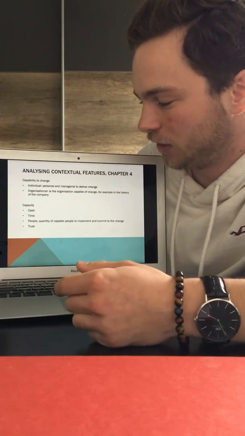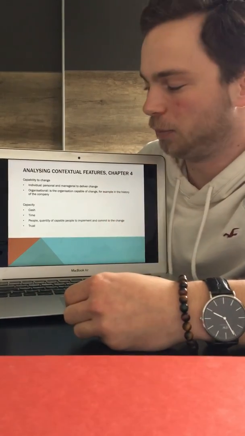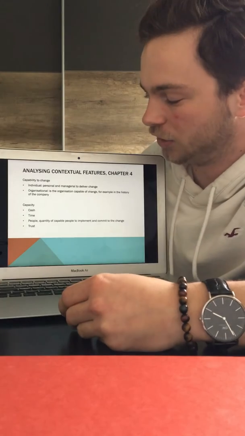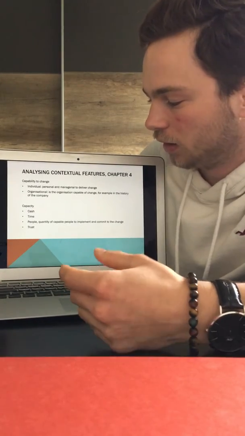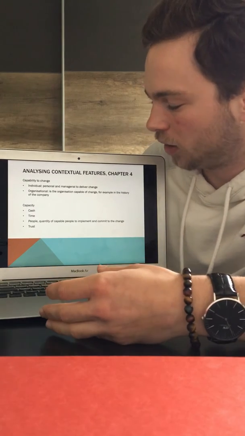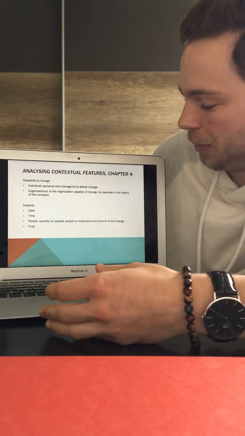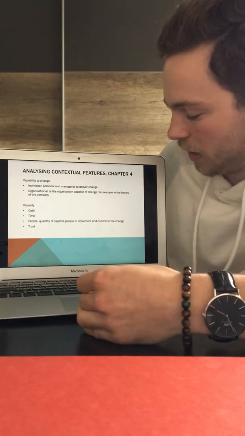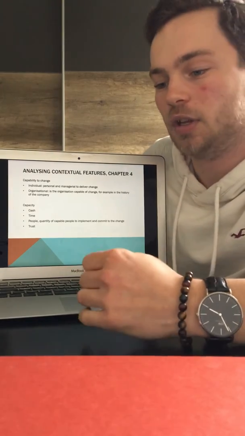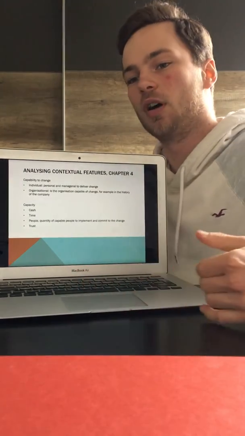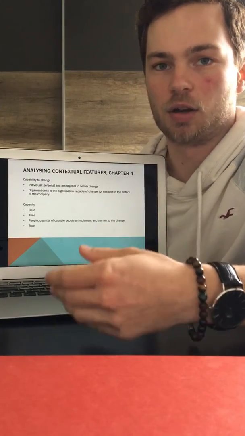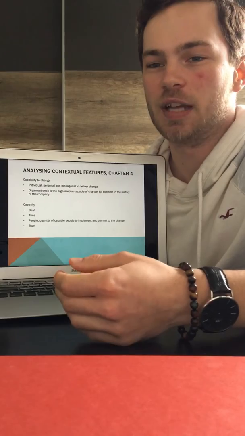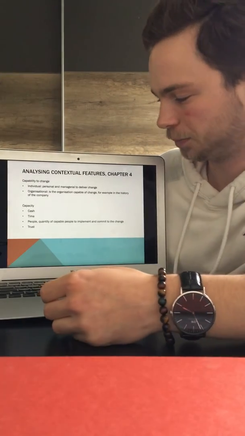And then we have capacity. Money always plays a role. Do we have money to change? Is there time to change? Then how many people in the company are capable people that can implement and commit to the change? Are there a lot of people willing to change, or is there a larger amount of the organization that does not want to change?